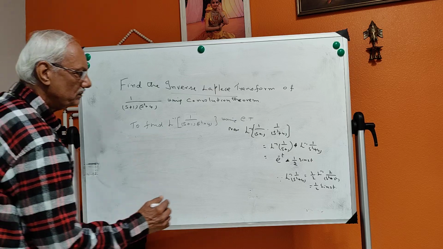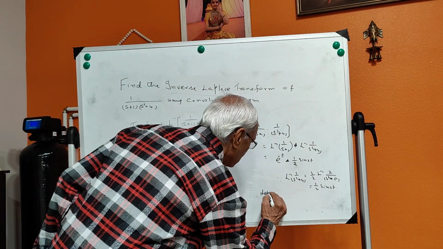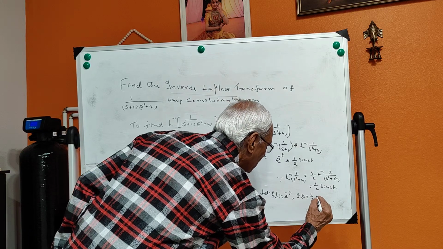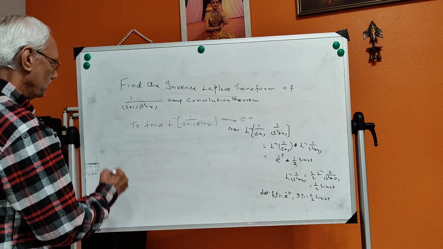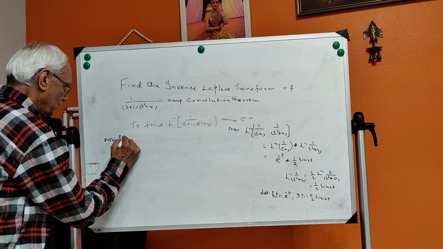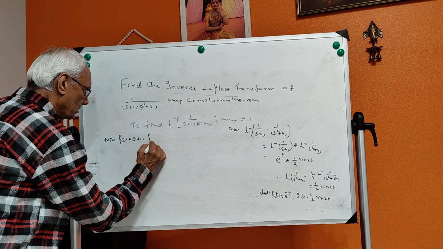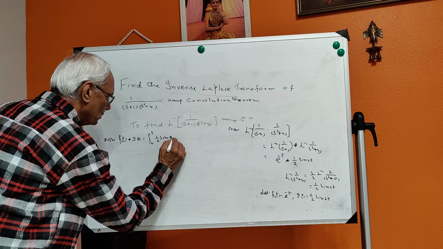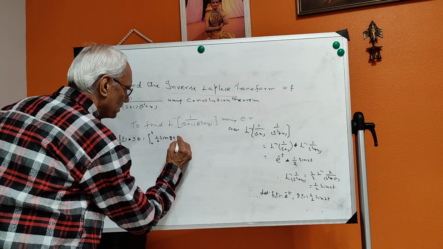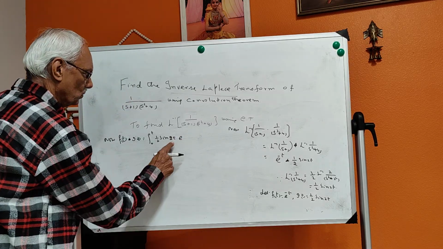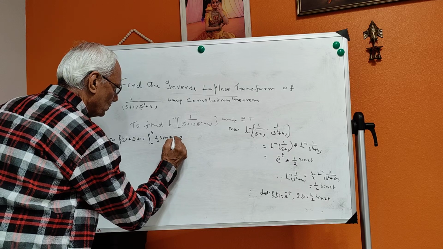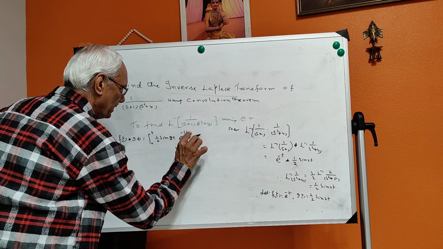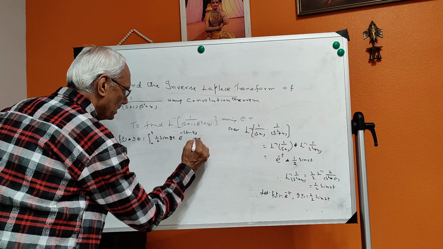Now f of t convolution g of t is equal to the integral from 0 to t of half sine 2 tau into e to the power of minus t plus tau, or minus (t minus tau), into d tau.